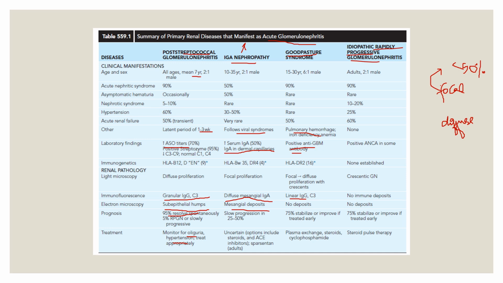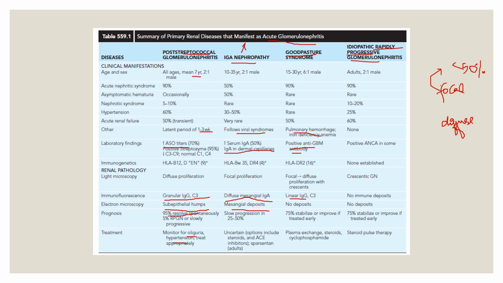So here in Goodpasture, you have pulmonary hemorrhage with positive anti-GBM antibody. Pulmonary hemorrhage is not just seen in Goodpasture; it's also seen in granulomatosis with polyangiitis, and it can be seen in microscopic polyangiitis. So what is the difference between granulomatosis with polyangiitis and Goodpasture? In Goodpasture, you have anti-GBM antibodies.